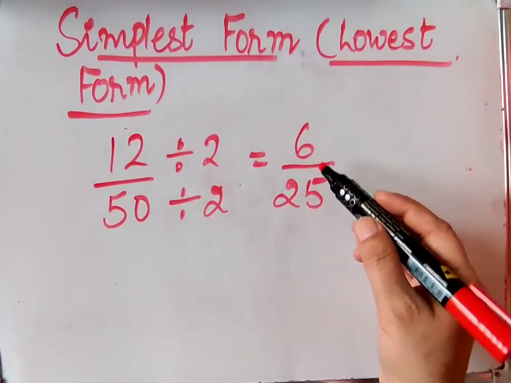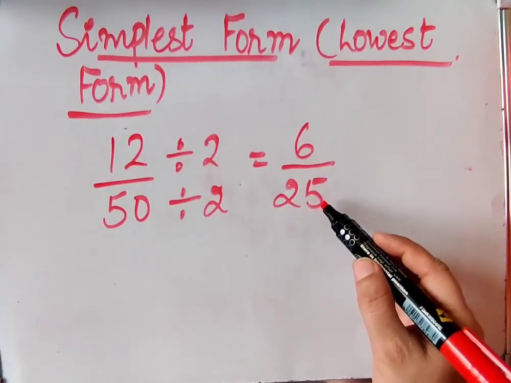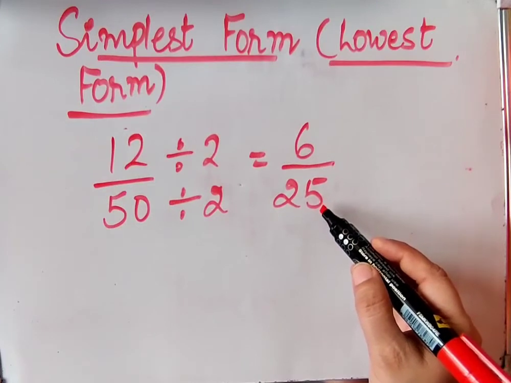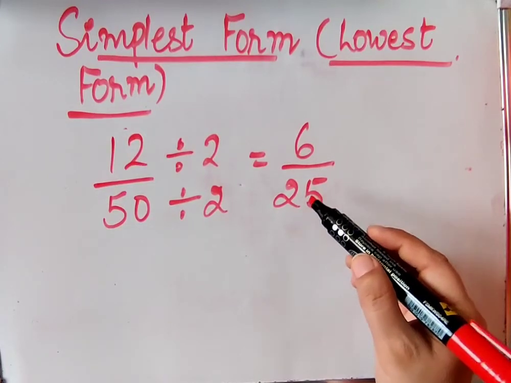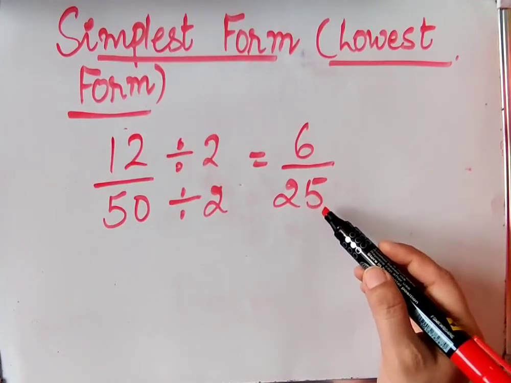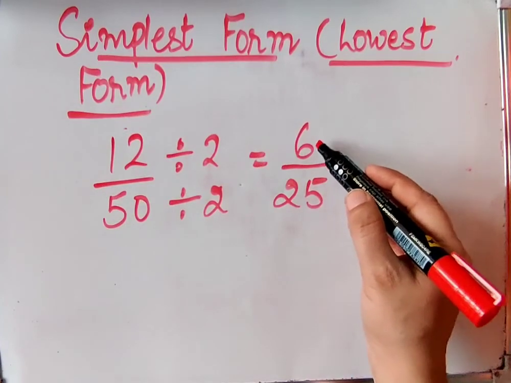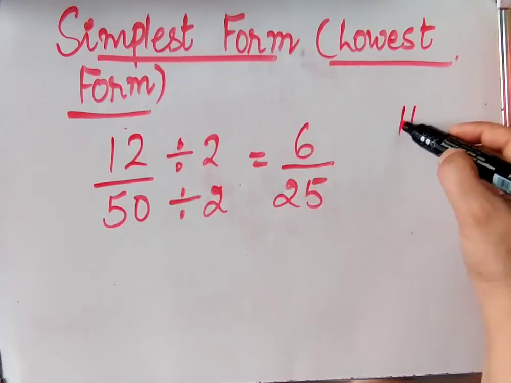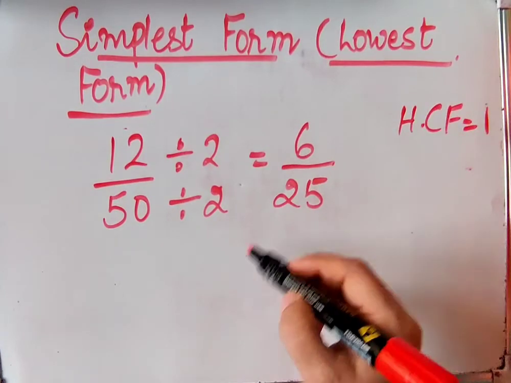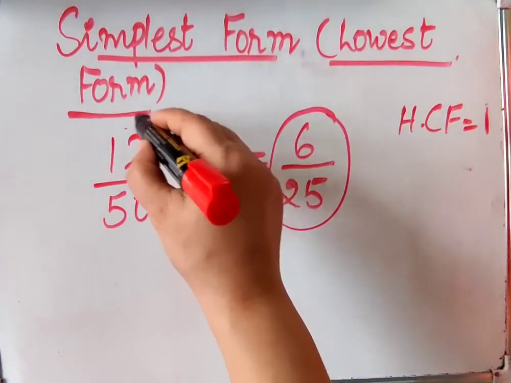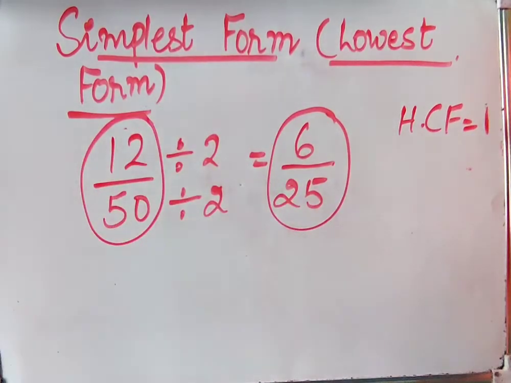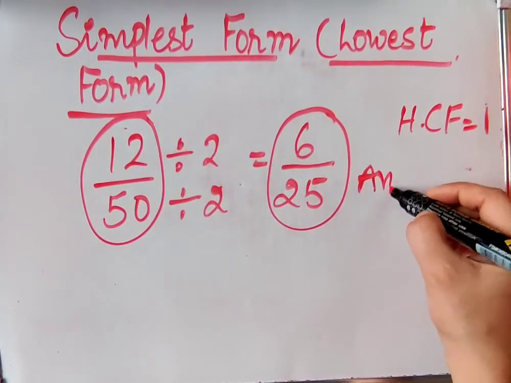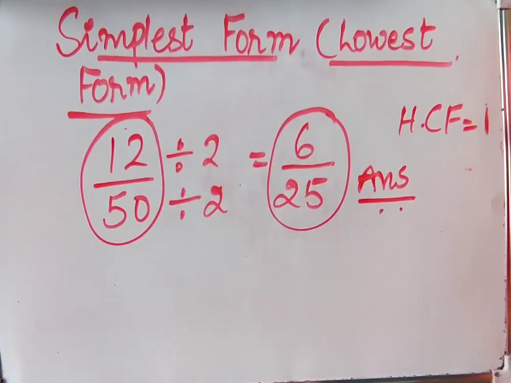Now we can clearly see that 6 and 25 don't have anything in common, because 25 goes by 5 only, 5 into 5 is 25, whereas 6 is 3 into 2. Therefore the highest common factor of both these numbers is only 1. Therefore this is the simplest form of the given fraction 12 by 50, and it is our required answer.